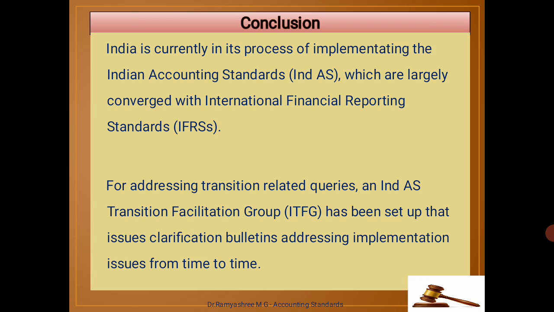At the end, India is currently in its process of implementing the Indian accounting standards, which are largely converged with international financial reporting standards. For addressing transition related queries, an Indian accounting standard transition facilitation group has been set up that issues clarifications bulletins addressing implementation issues from time to time.